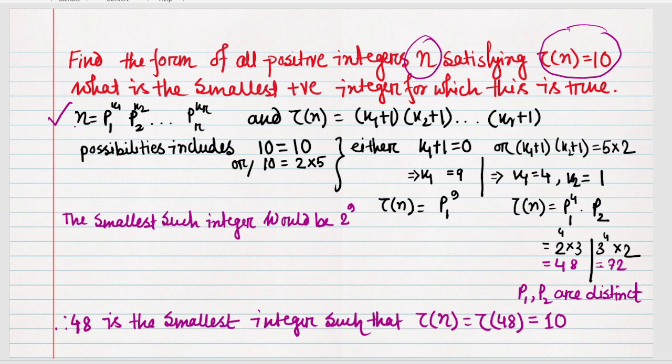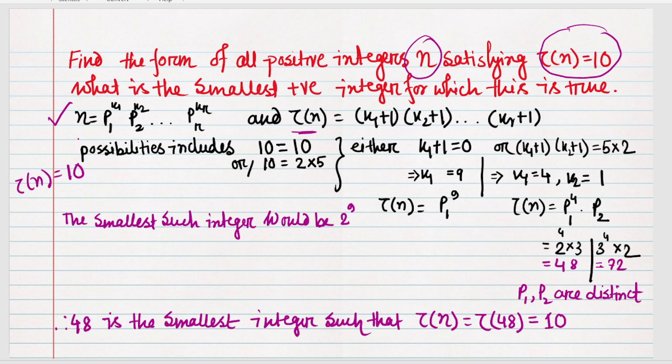If n is a positive integer, that means n must have a prime factorization by the fundamental theorem of arithmetic. If n has a prime factorization, then n has a number of divisors, which is tau of n. They provide us that tau of n is 10.